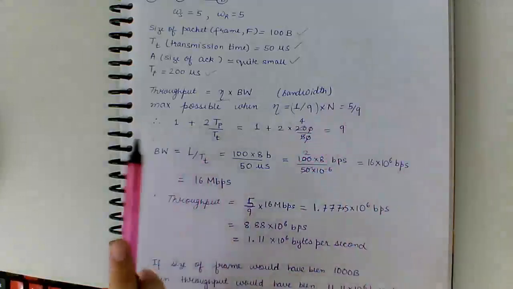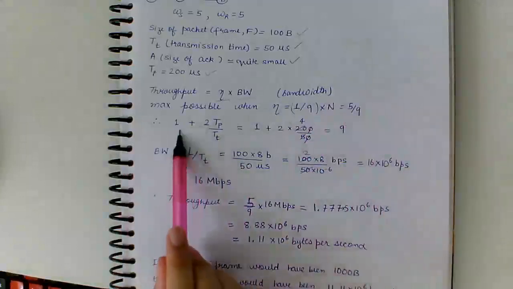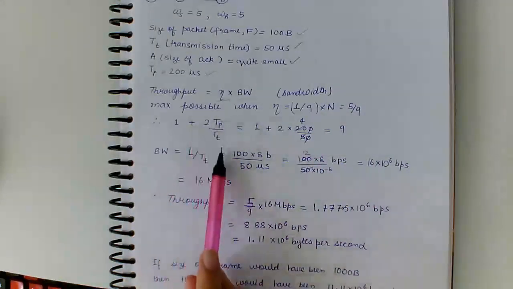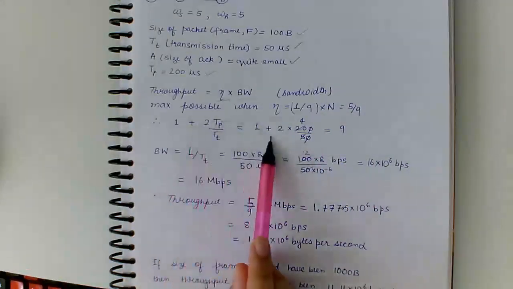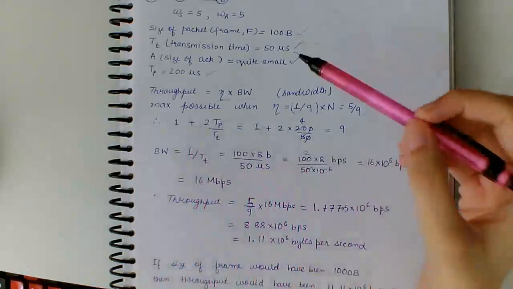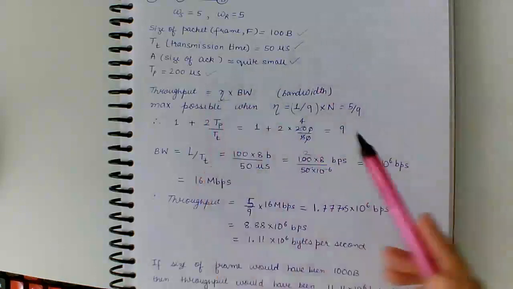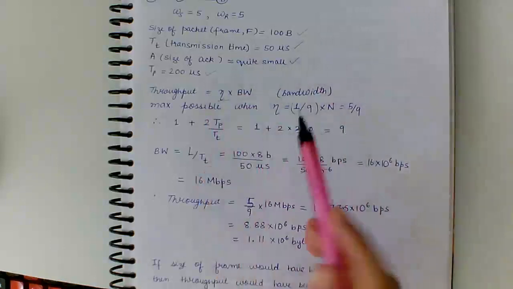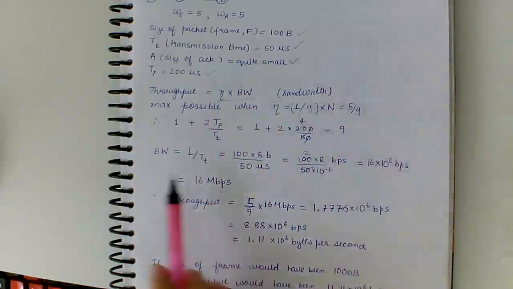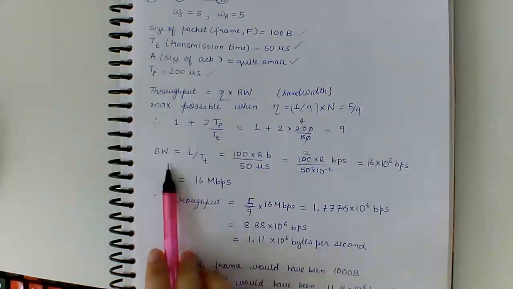So going back to the question, maximum possible efficiency is given by 1 upon 1 plus 2 into propagation delay divided by transmission time, which is 1 plus 2 into 200 divided by 50. The values of transmission time and propagation time are already given, so efficiency turns out to be 1 by 9.